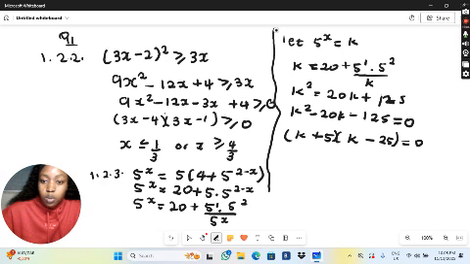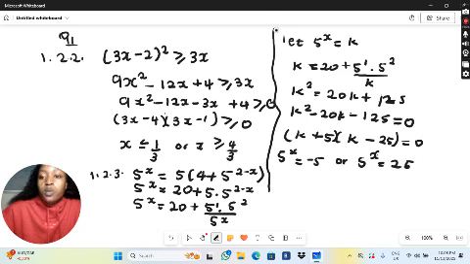So when we are solving k, we substituted 5 to the power of x. So we're going to have 5 to the power of x is equal to negative 5, or 5 to the power of x is equal to 25.